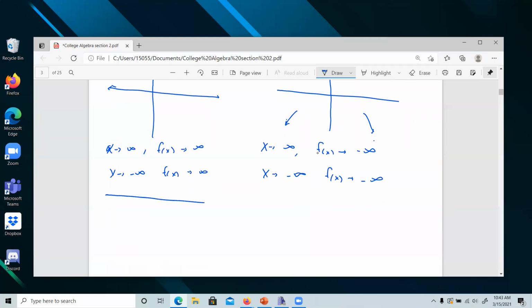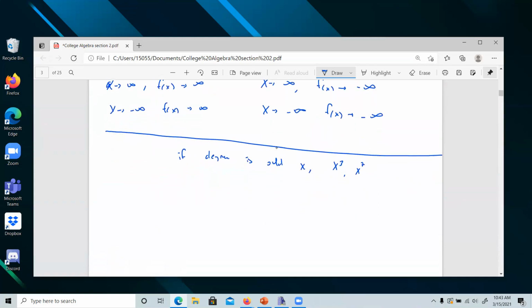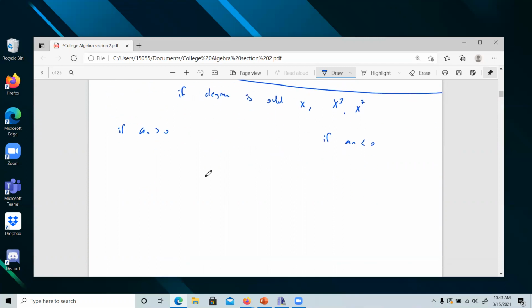What if your degree is odd? If the degree is odd, that means x, x cubed, x to the 7th. Then we have the same kind of idea here. If a sub n is positive, or if a sub n is negative, what's going to happen?